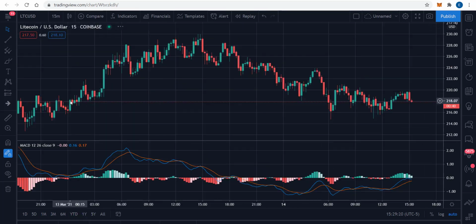And let's just take it down to the 15-minute. So look at that. The 15-minute had the cross, and the blue MACD line is approaching the 0 line. So this 15 could end up giving us a nice buy indication very soon.